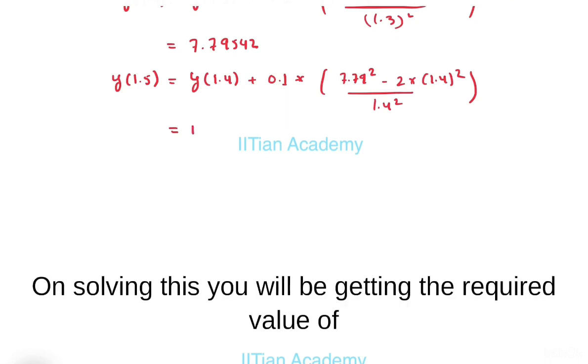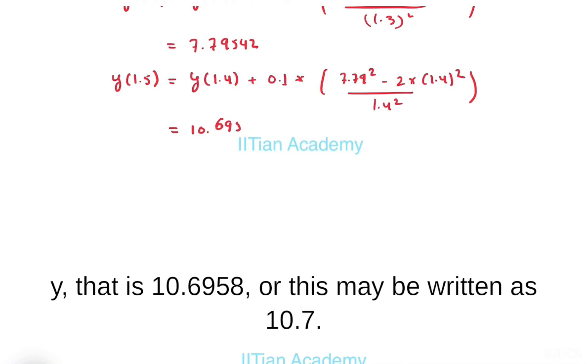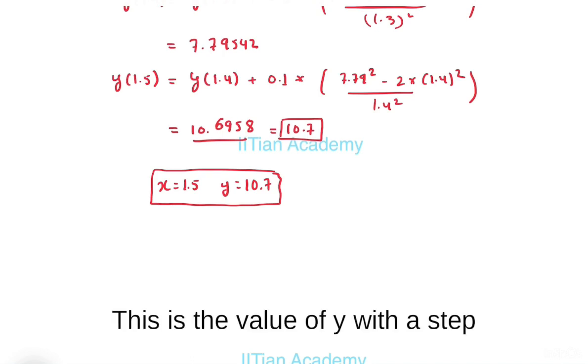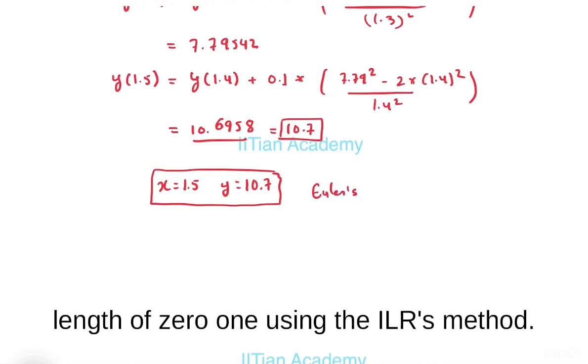On solving this you will get the required value of y, that is 10.6958, or this may be written as 10.7. So at x equals 1.5, y is 10.7. This is the value of y with the step length of 0.1 using Euler's method.